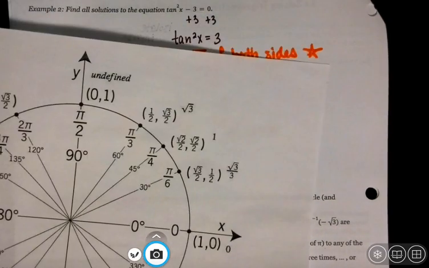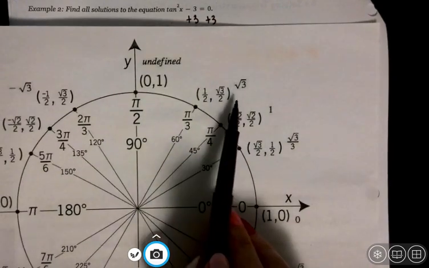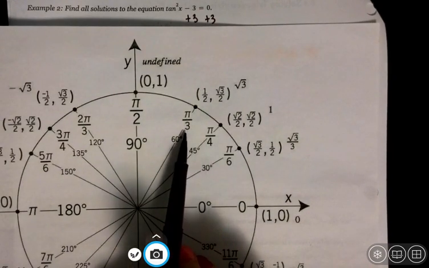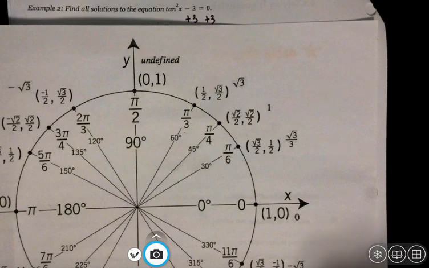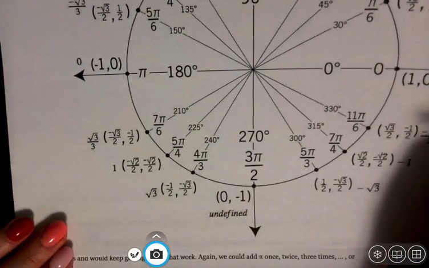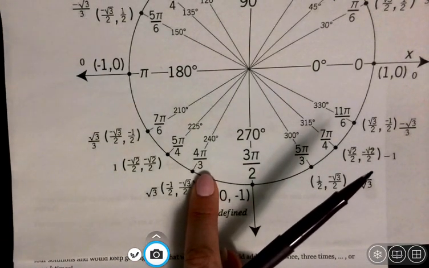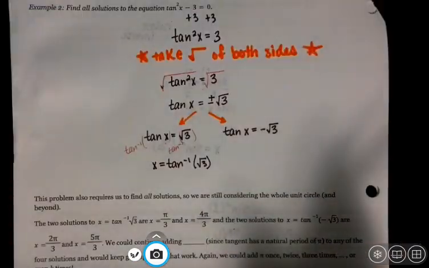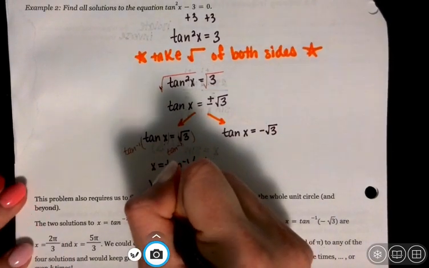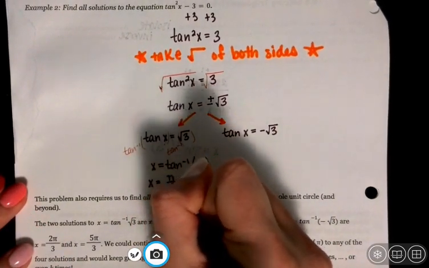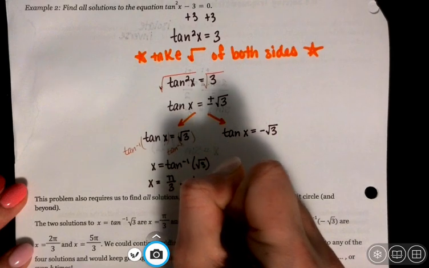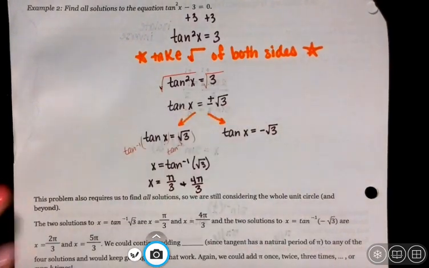So looking at my unit circle, I have a tangent of square root of 3 here at pi over 3. I also have one down here at 4 pi over 3. So I have x equals pi over 3 and 4 pi over 3.